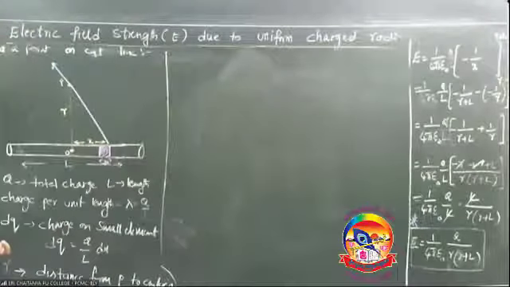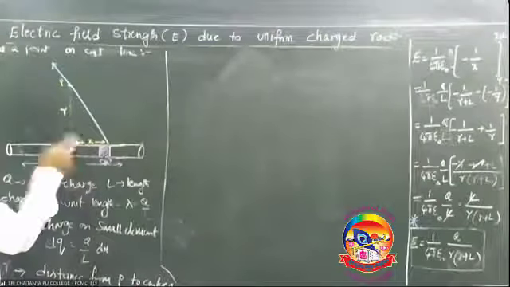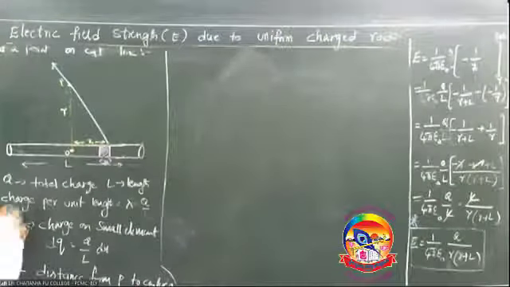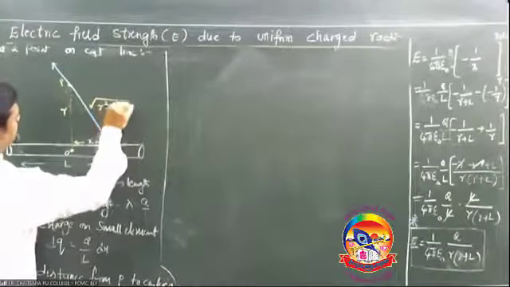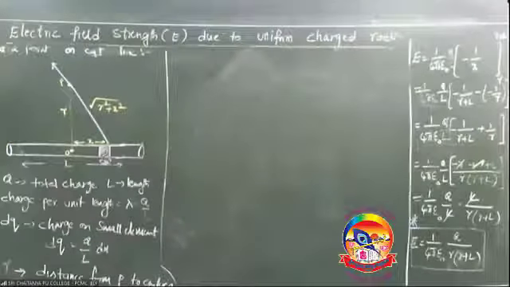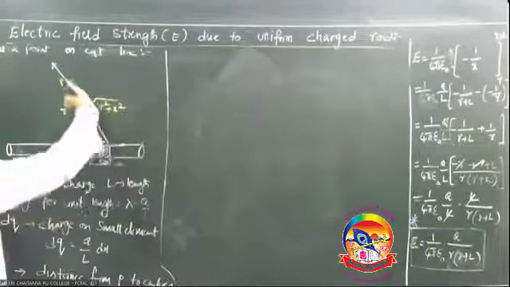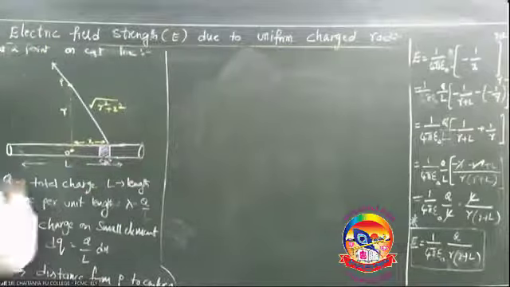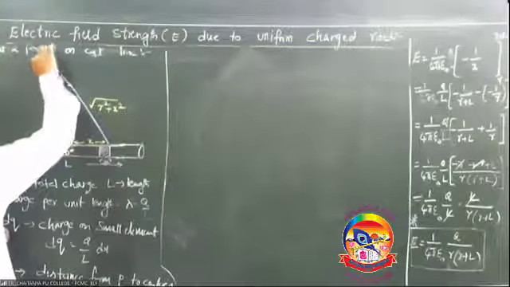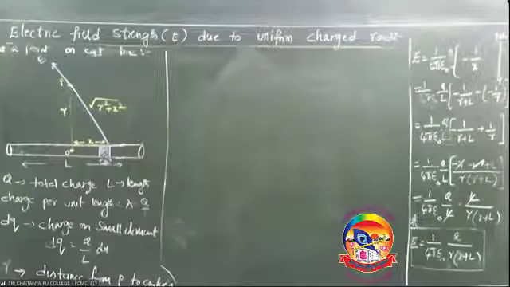If this is r and this is x, what is this distance? It is root over r square plus x square. Due to this small element, the field is in this direction. Let that field be E.